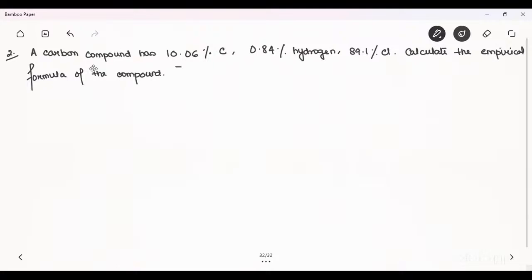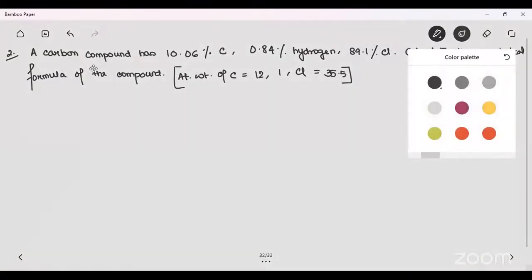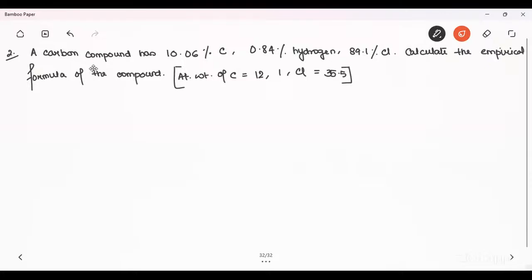Okay. So, atomic weight of carbon is 12.1, for chlorine it's 35.5. So this is given. So how to solve this? Okay. So just make a chart.